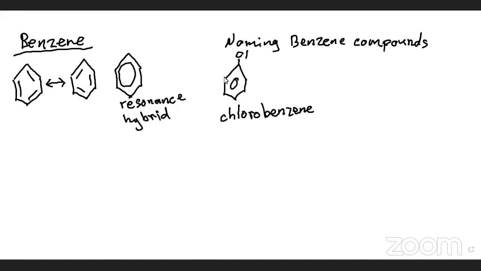By the way, functional group analysis and mechanism, it comes straight down to benzene. So benzene is not excluded from it. If you check the syllabus under the heading functional group analysis, the reactions of benzene actually come underneath it. All right, so this is chlorobenzene.